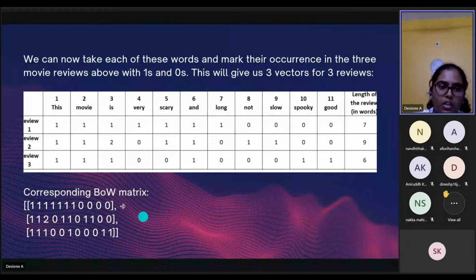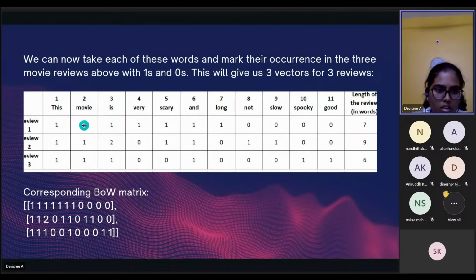For example, the first review was: this movie is very scary and long. So for the word this, there is a one. For movie, it's represented as one, is one, very, scary and long. So these are all zero because these words do not occur in review one.